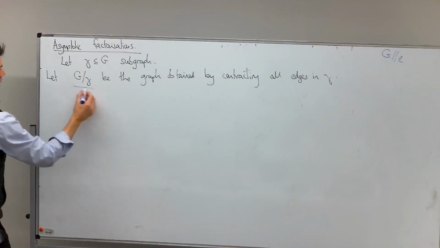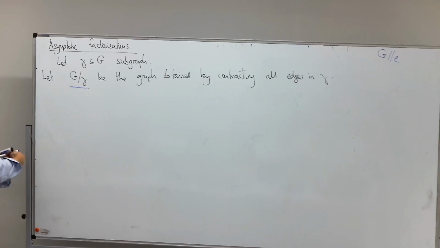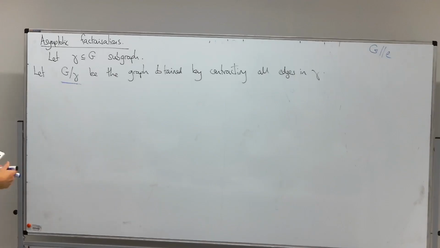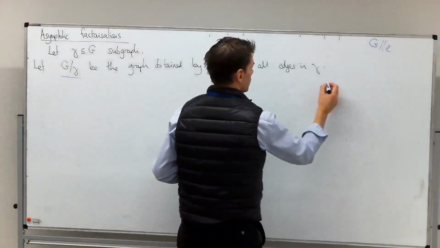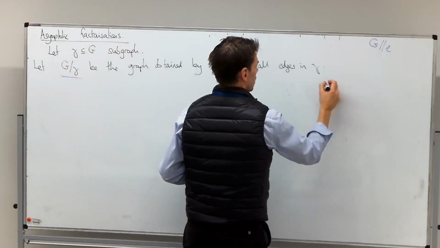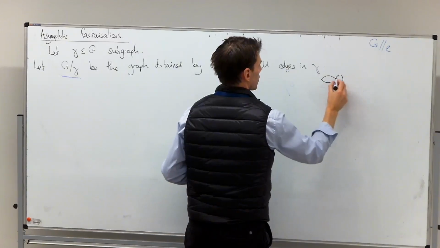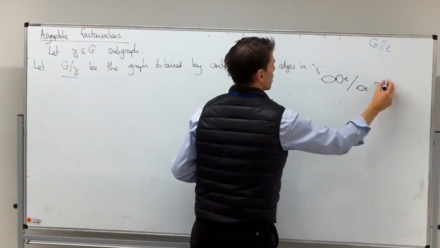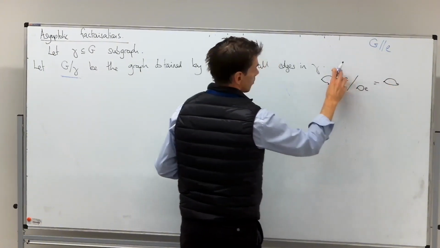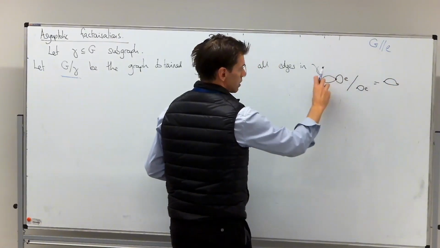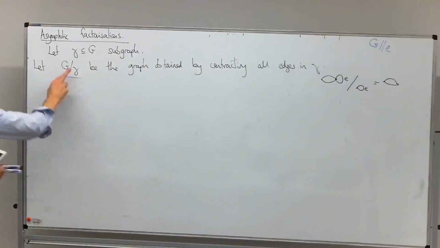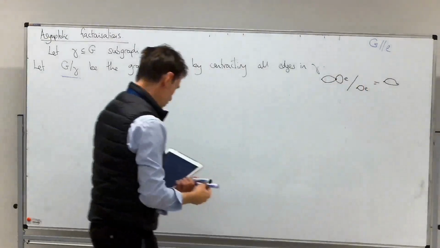This notation is different deliberately, because we can contract tadpoles and it's not 0. It's just the naive contraction of edges. So if we have, let's just do this graph mod E, it is that. You just take the subgraph, delete all the edges and identify all the vertices to one point. So that's why I use these different notations, to avoid confusion.